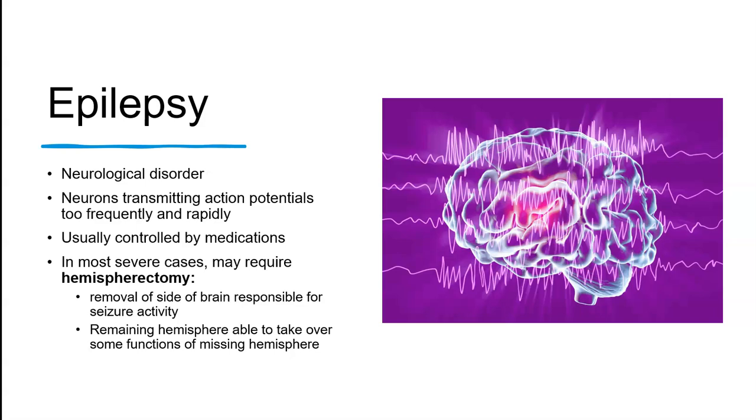So sometimes if a hemisphere is removed, which is the classical definition of hemispherectomy, the other side of the brain may be able to take over some of the functions of the missing hemisphere. This usually is much more successful the younger the patient.